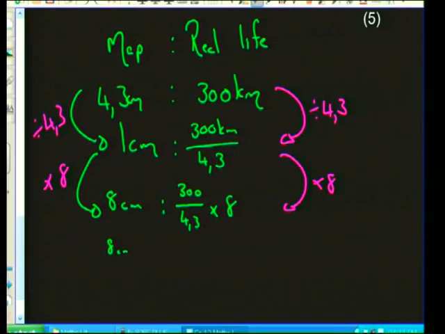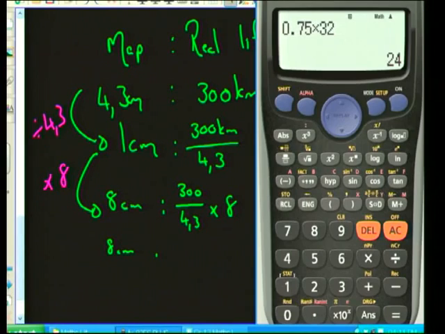So I now know that 8 centimeters is going to represent so many kilometers. So let's take out our calculator. And we're going to say, right, here we go. We've got, let's push fraction button, 300 over 4.3 multiplied by 8. And I get an answer then of 558,14.